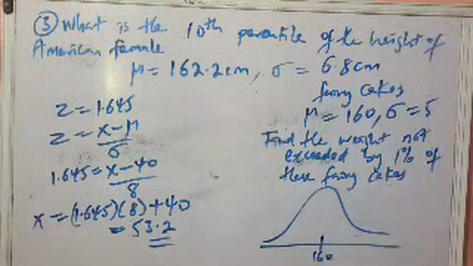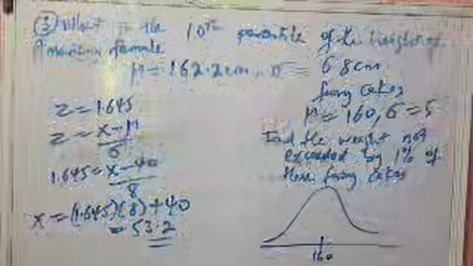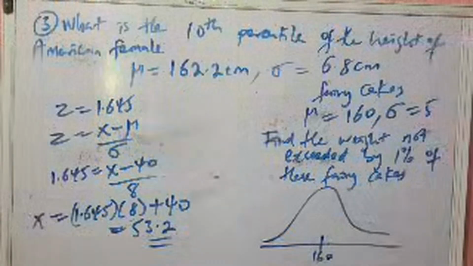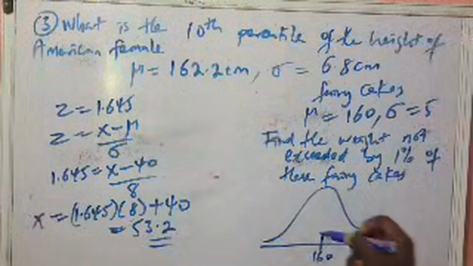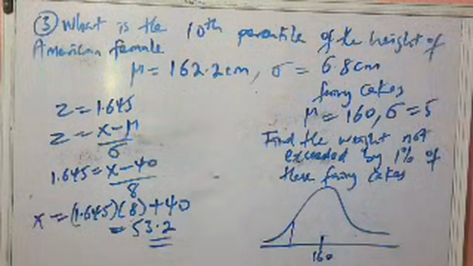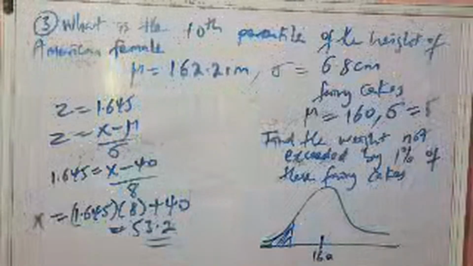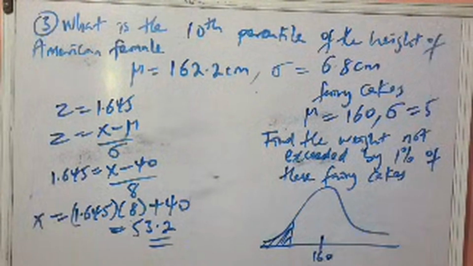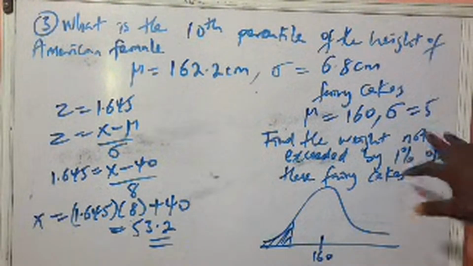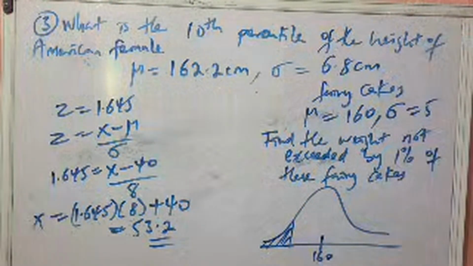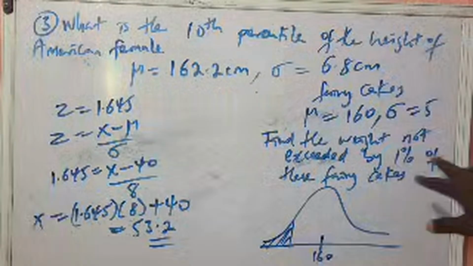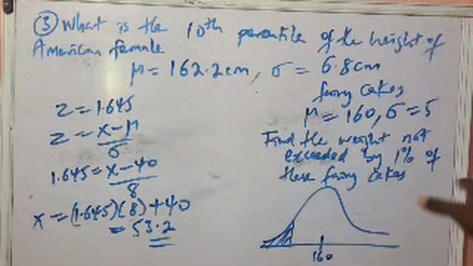Now, find the weight not exceeded by 1% of these fairy cakes. That means only 1% of these cakes have weight less than or equal to this. As I said, you can look at it as the weight that 1% of this cake don't exceed. 1% of the cakes don't have more than this particular weight.